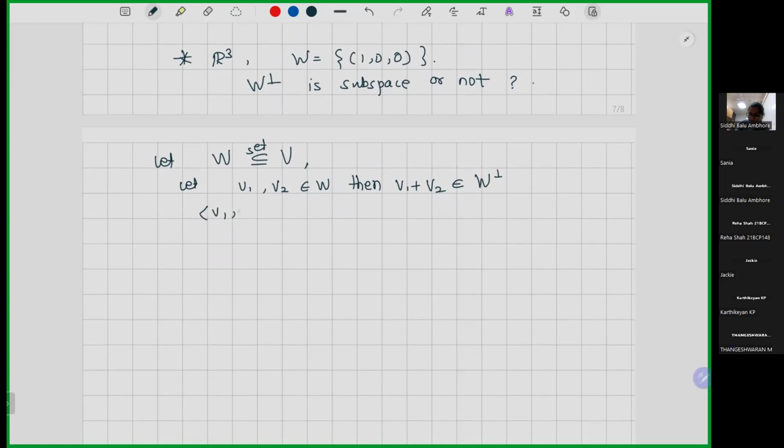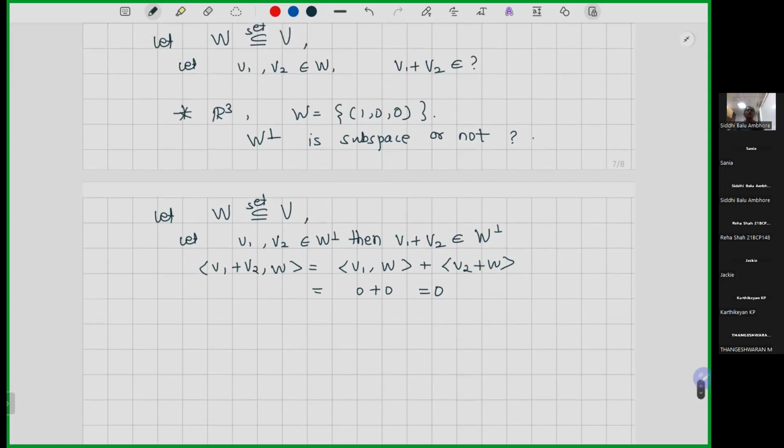Since we have an inner product on V, V is an inner product space, so this splits. And as said, this will be 0 because V1 and V2 are in the orthogonal complement of W.